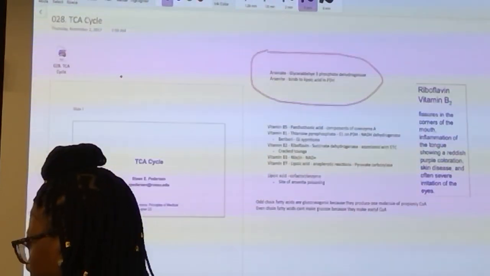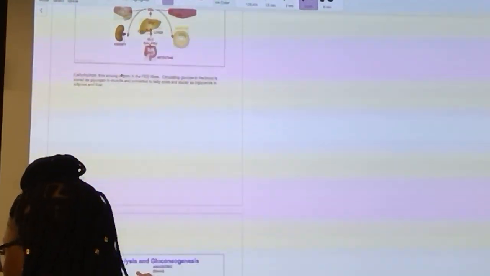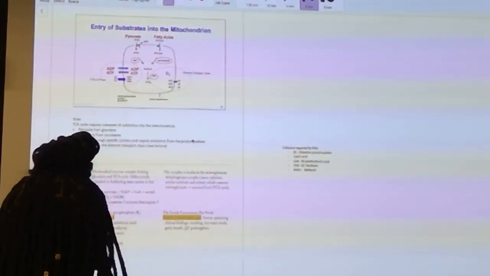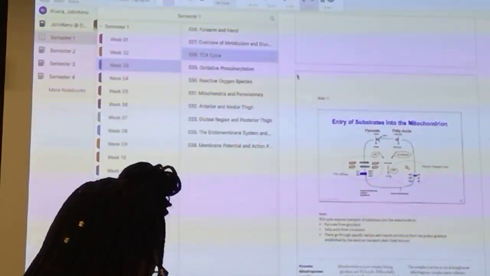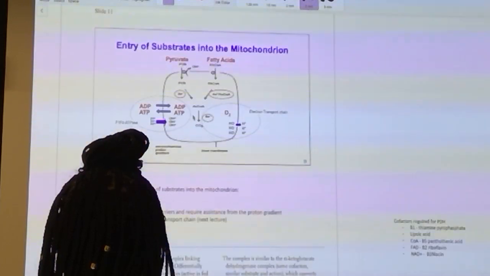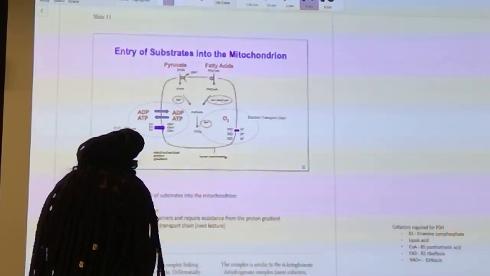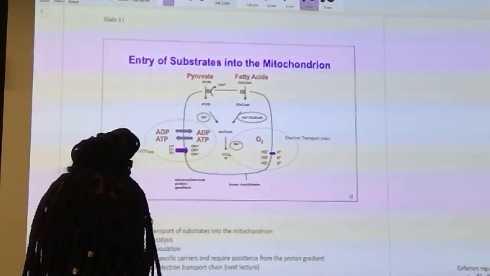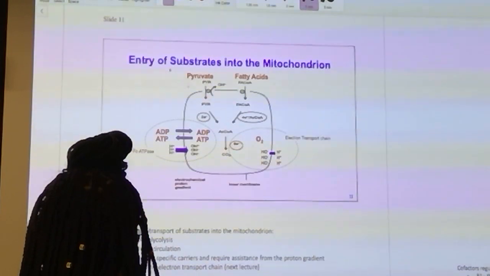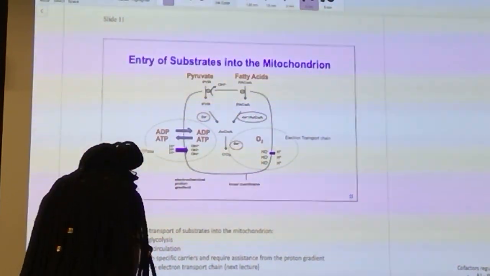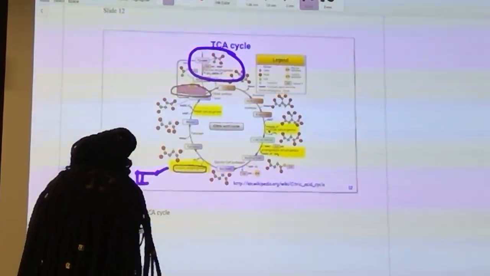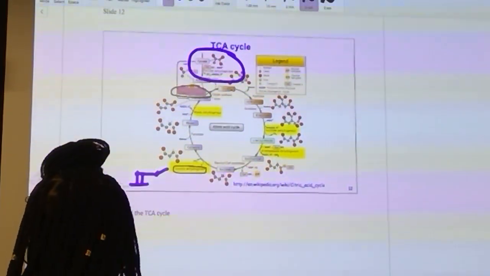Okay, so TCA cycle, just know arsenite inhibits lipoic acid. I believe that's E2. And just know the important reaction steps for this cycle.